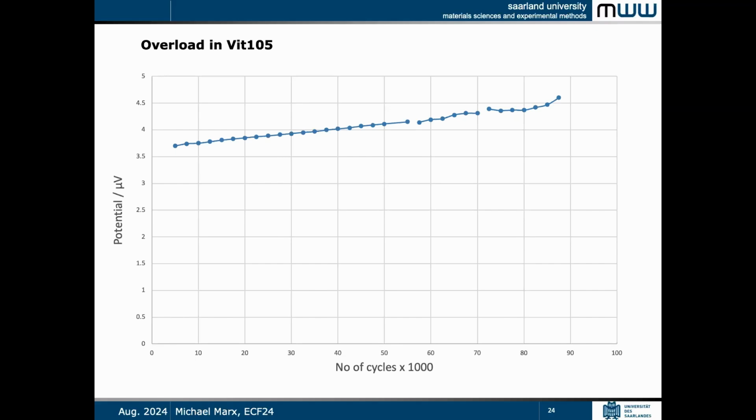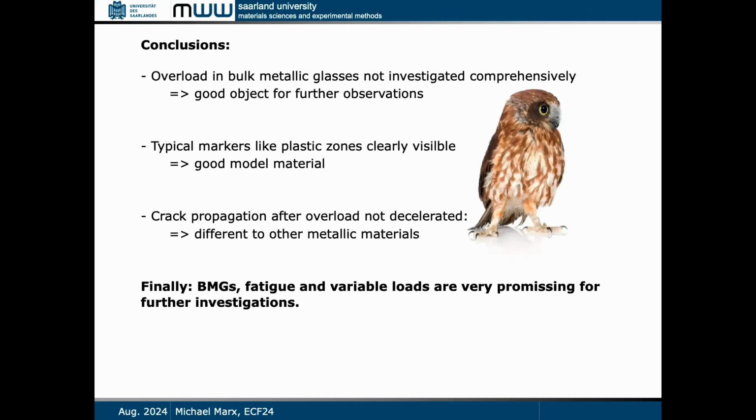This is the potential drop measurement versus the number of cycles, and you see that no deceleration was found. Therefore, overload in bulk metallic glasses is not investigated so far, but it looks interesting because the effect is completely different from what we know from normal metals. We also think it's quite easy to investigate because we see the plastic zone so clearly, so it may be a good model material.